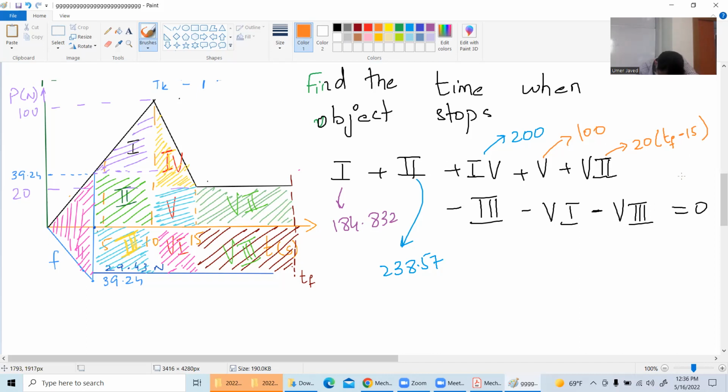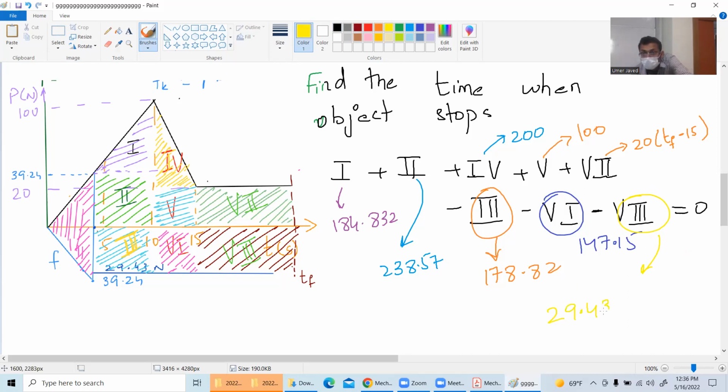Sorry, 7 is 20 into TF minus 15. 3 is 178.82. And then I will use blue color. 6 is 147.15. And the 8 is 29.43 into TF minus 15.